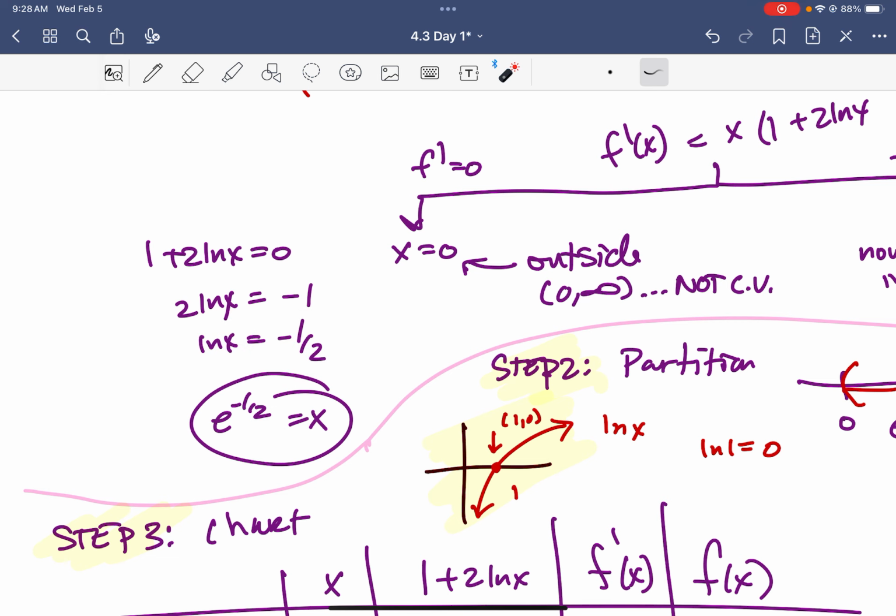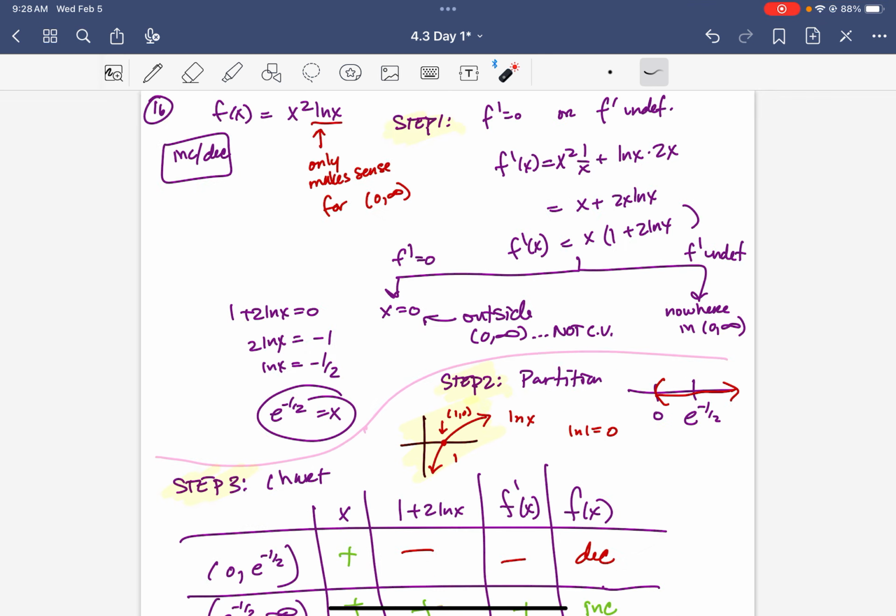I end up getting that x is equal to e to the negative 1/2, and so those are our two critical values. But notice, because natural log is part of my function, this is only going to make sense for x positive. So if x positive is what I start off with instead of the entire number line when I partition, then my only critical value is going to be here, because this is really outside of where our function even makes sense.